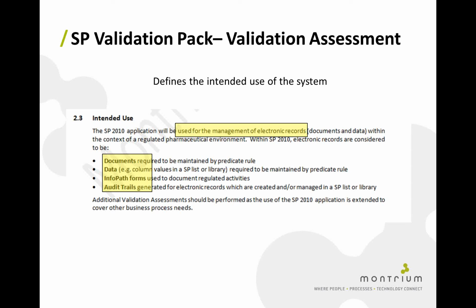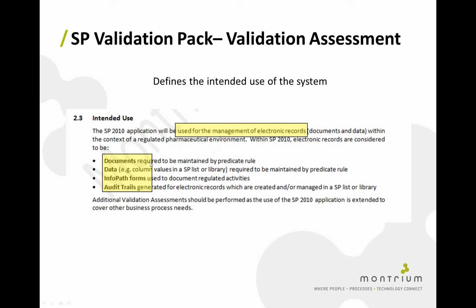And so the first part of the validation assessment is really the intended use. So you can see here that we're saying that the SharePoint 2010 application will be used for the management of electronic records within the context of a regulated pharmaceutical environment. So this is really our intended use of SharePoint within the context of this validation. There may be many other intended uses as well, but within the context of this validation, that's what we're using it for.